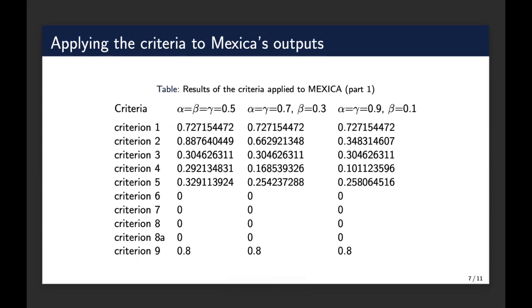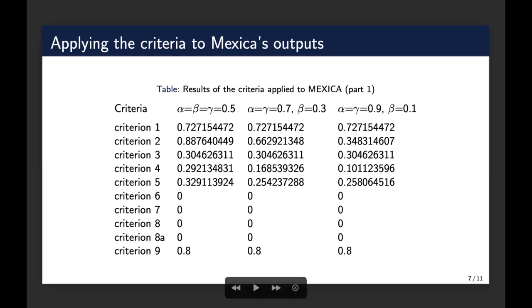We are not going into the detail of Mexica, but we are going into the detail of the results. These are the results that we have got from applying these criteria to the outputs of Mexica using different parameters, alpha, beta, and gamma, because there are some combinations. But you can see from the results, it's not very easy to see things.